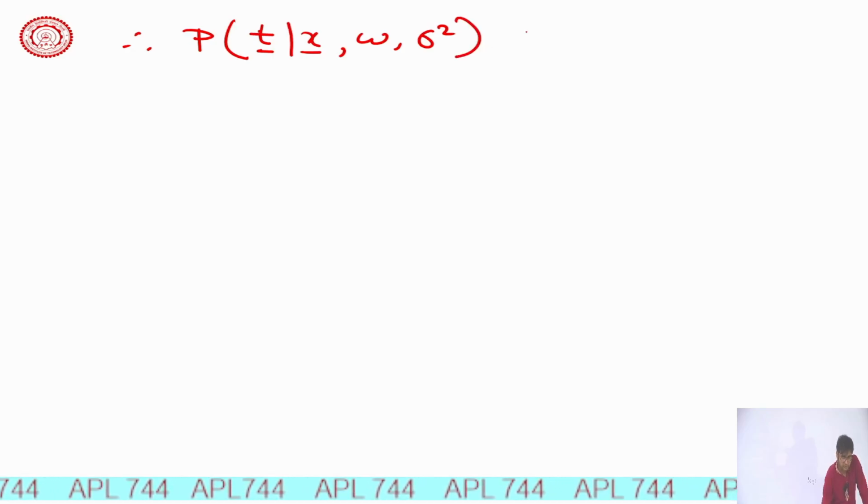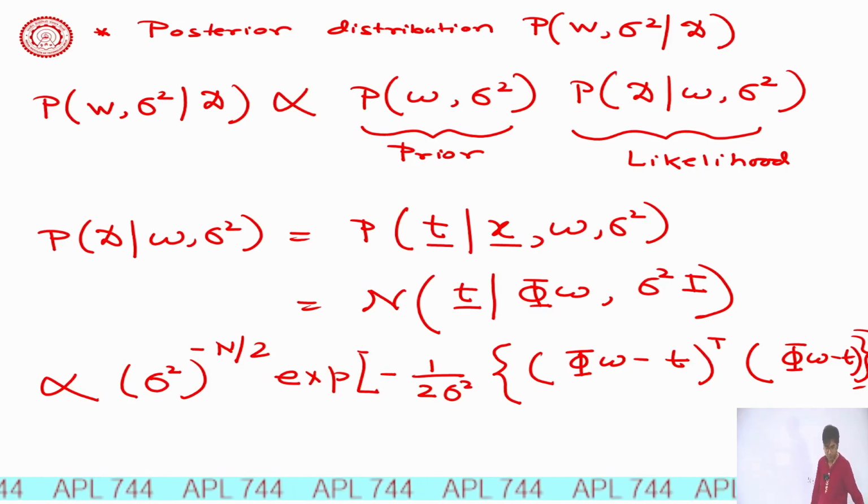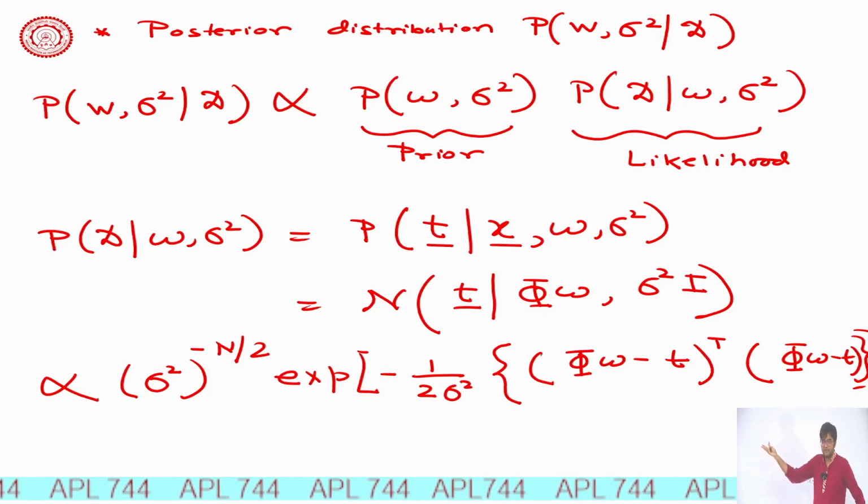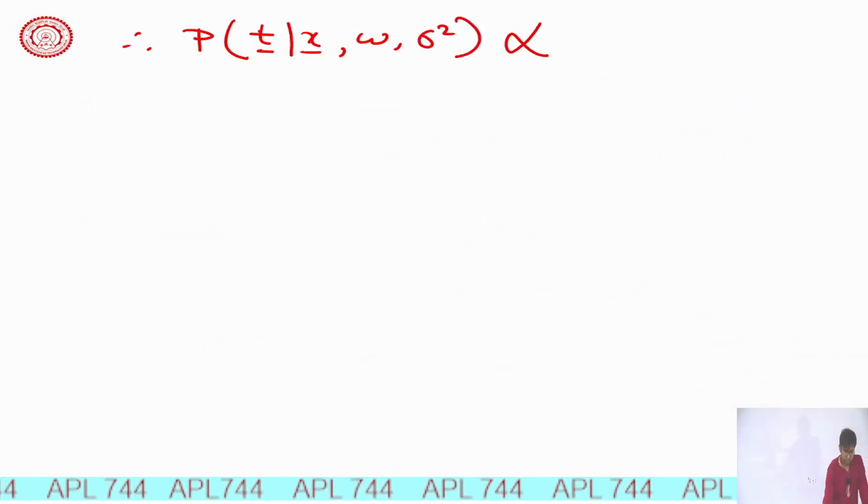And so therefore, the probability of T given X comma W comma sigma square is proportional to, and you see that transpose term is like a square, so I will open that up and write it in a simplified form.